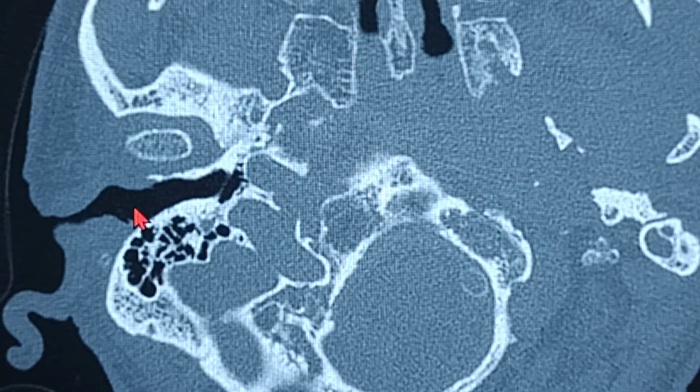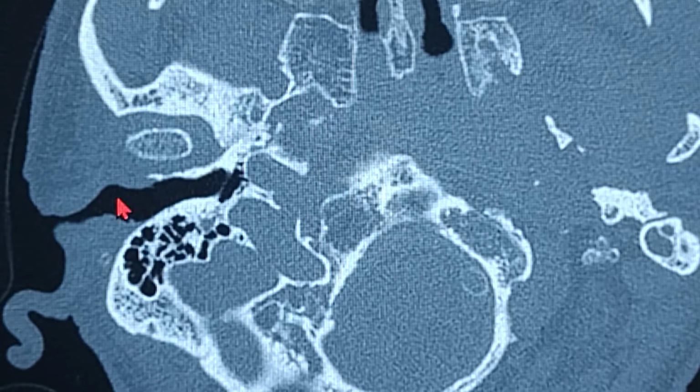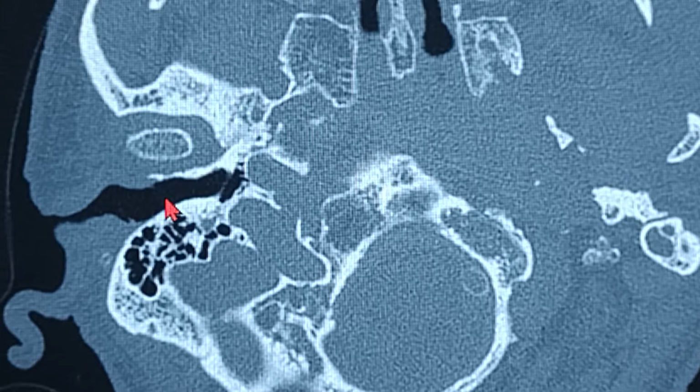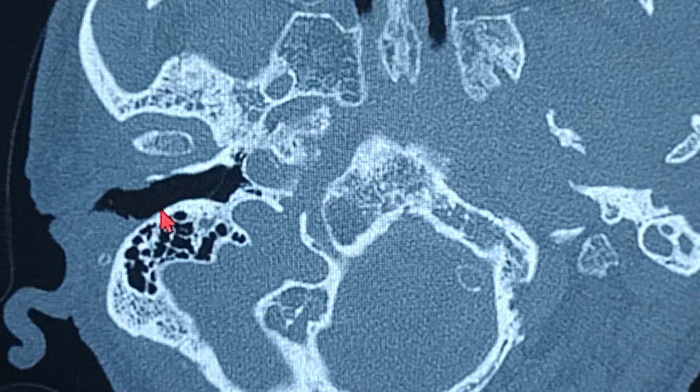So we have two parts in the EAC, right? The outer one is the cartilaginous, and the inner one is the bony one. You can clearly see that's the bony one, and that's the cartilaginous membranous one. Okay. So once you expose or visualize the EAC, still keep on going above.